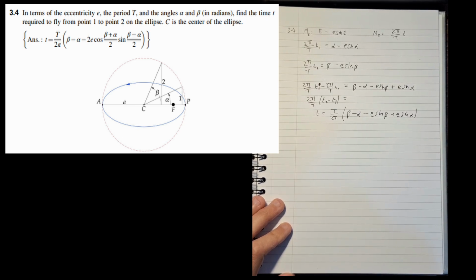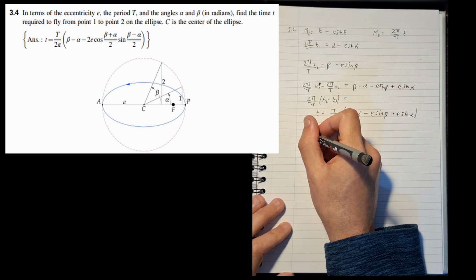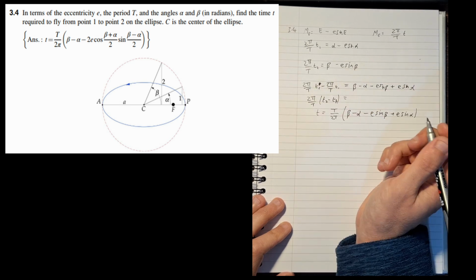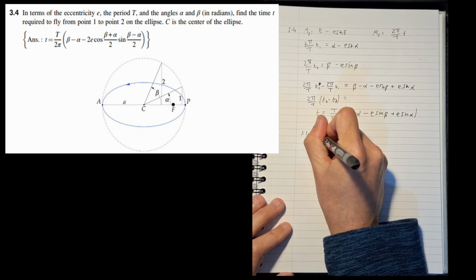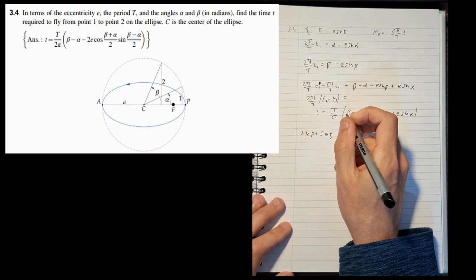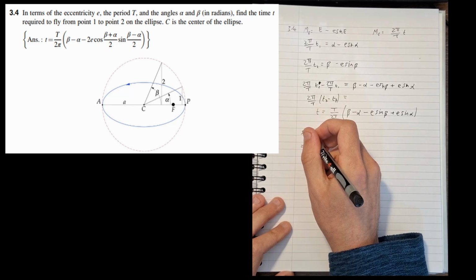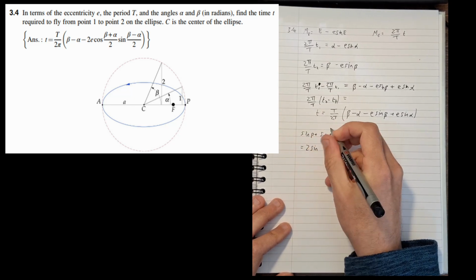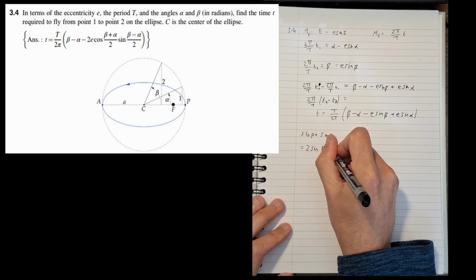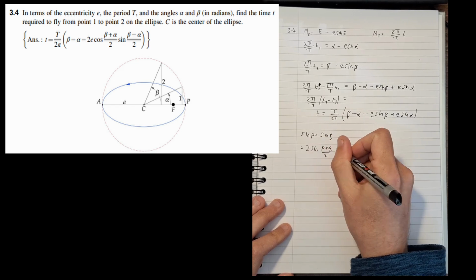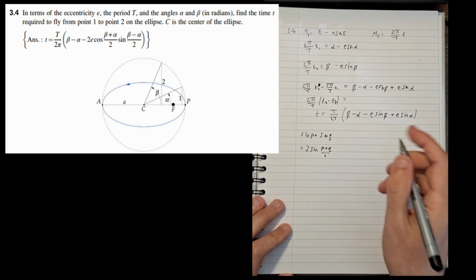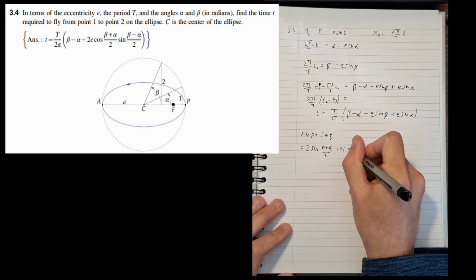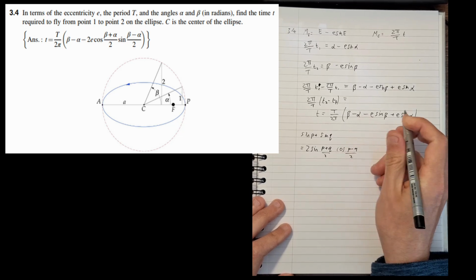So to get to what they have, there is an identity that you can find on Wikipedia. So sine P plus sine Q equals basically 2 sine of (P plus Q) over 2 times cos of (P minus Q) over 2.